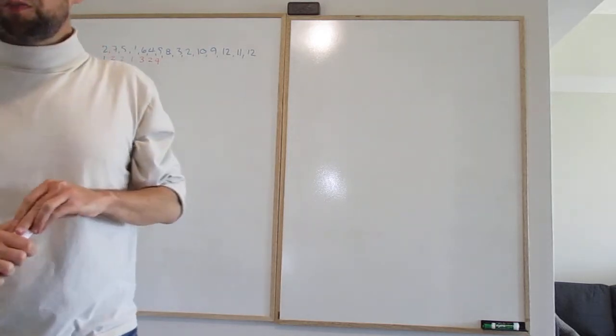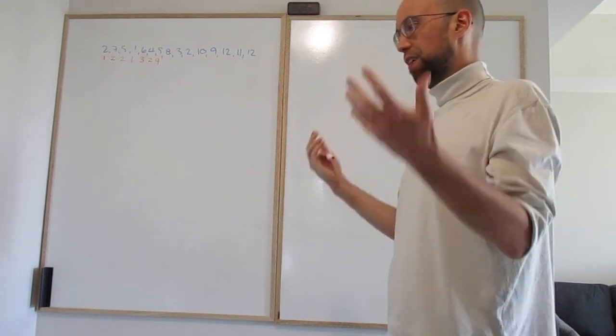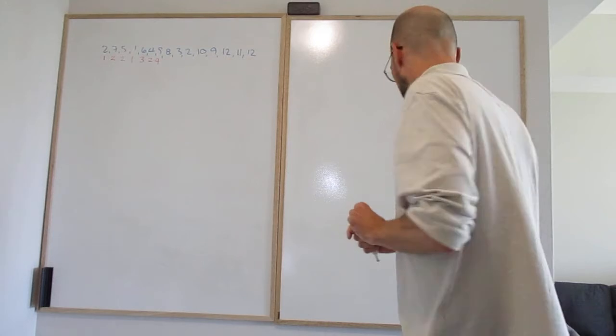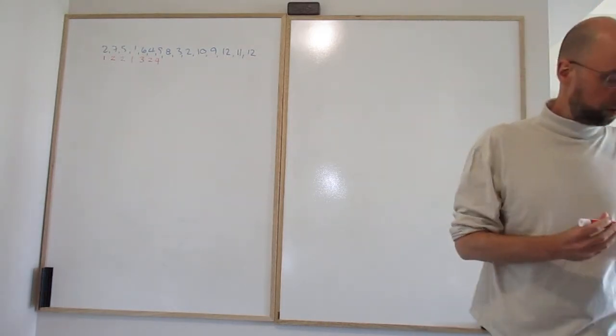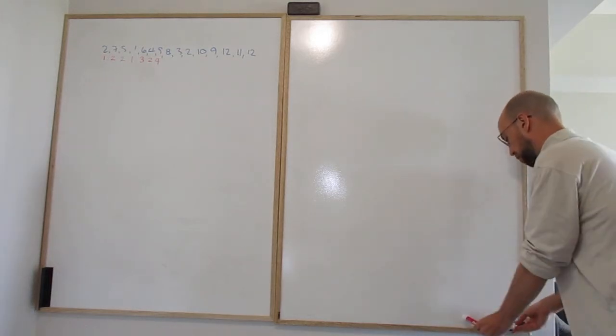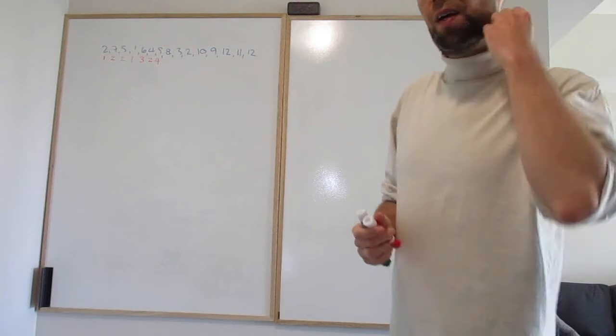So before we go any further, somebody asked and said it really changes the algorithm if we're just returning the length or we're returning the whole list. But it doesn't.